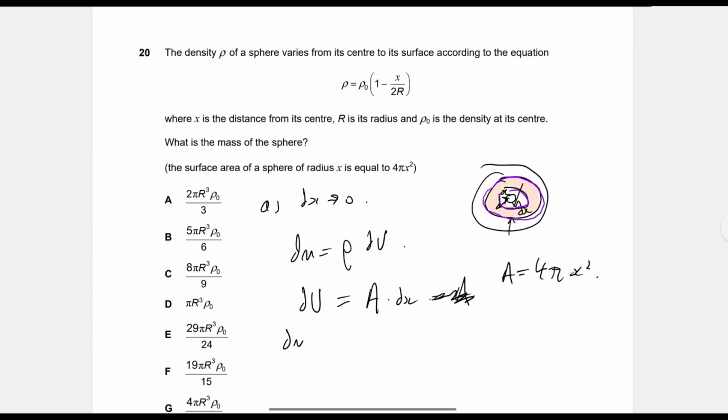So dm equals rho dV, which is rho times 4 pi x squared times dx, which is 4 rho pi x squared dx.